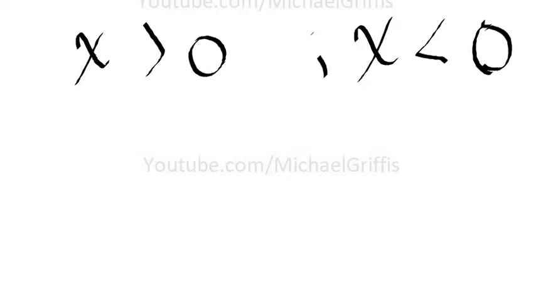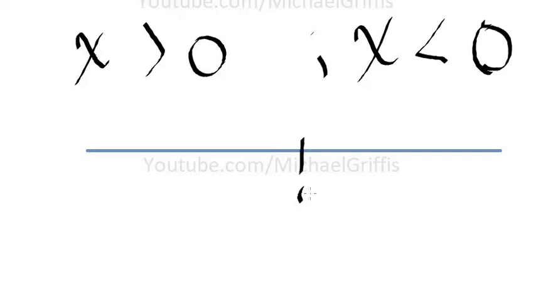Now we're going to draw a number line because this picture helps quite a bit. We're going to label 0 on this number line. Now let's take a look at this. What does this side say? It says x is greater than 0.